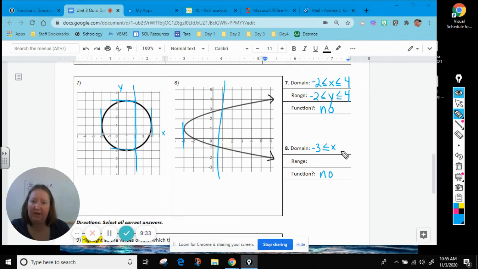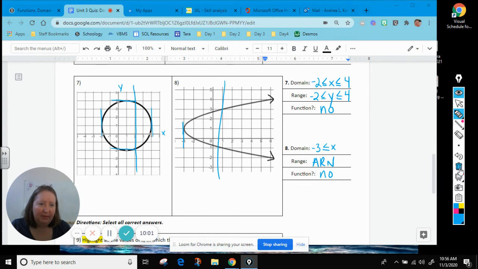The range: this is continuing up and over forever and down and over forever. It's going to cover all of the Y's for eternity. And so that's why we use ARN for the range.